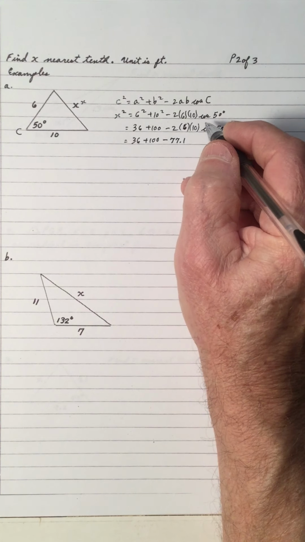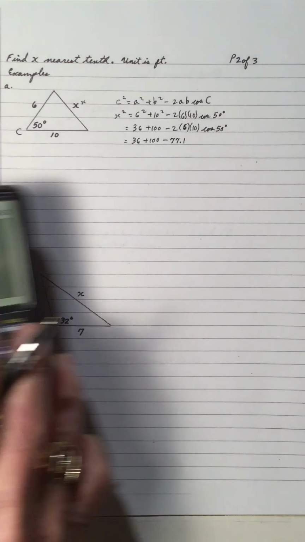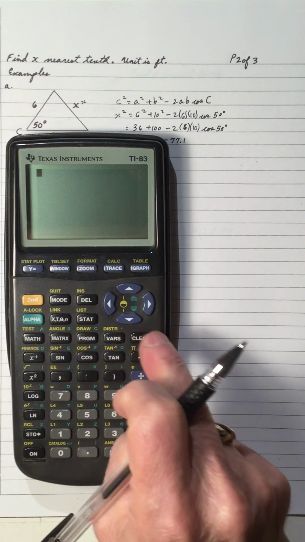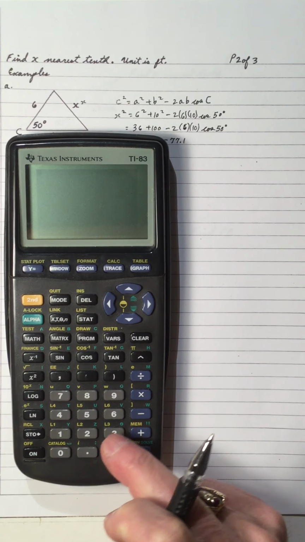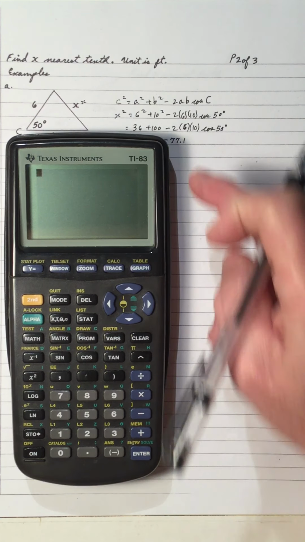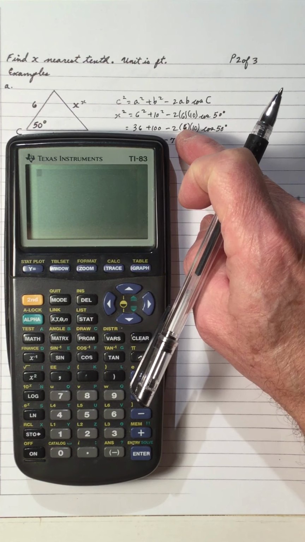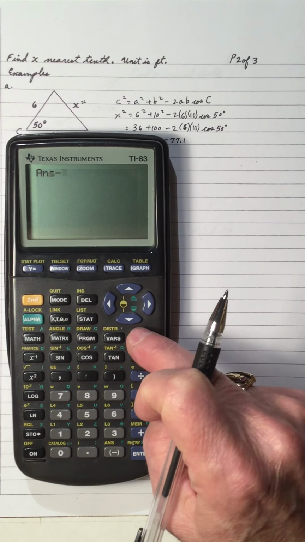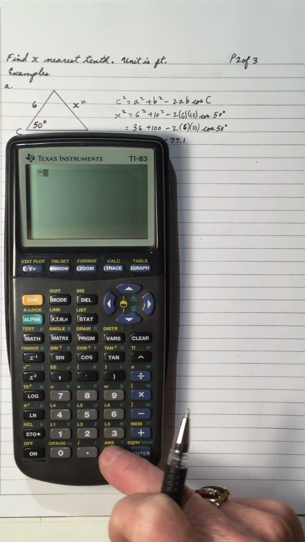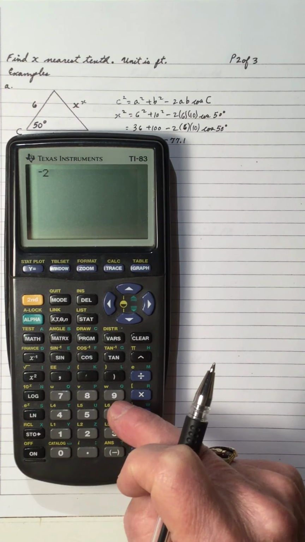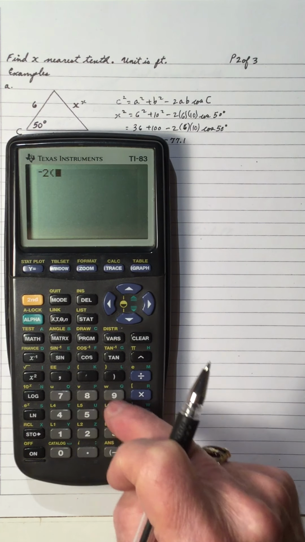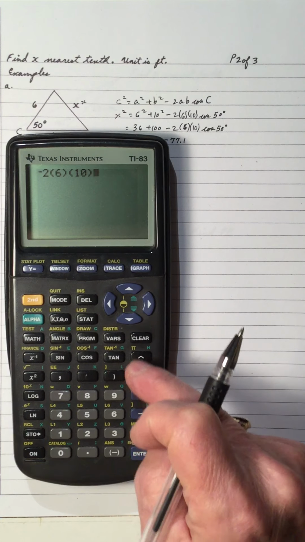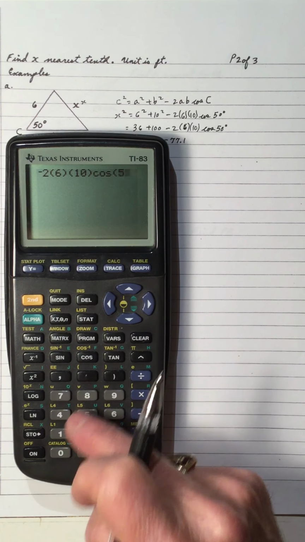77.1. So again, I'll show you on my calculator. When you say subtract 2 or negative 2, you can say subtract, but if you make it negative 2, you can use brackets: negative 2, bracket 6, bracket 10, and cos of 50.